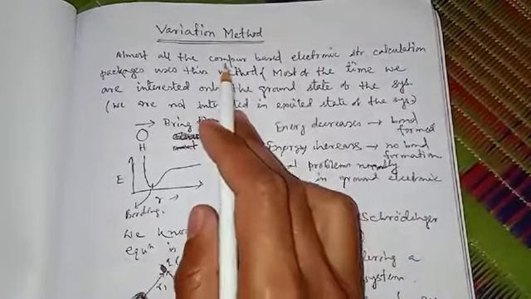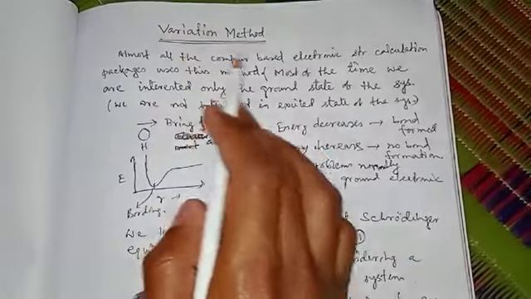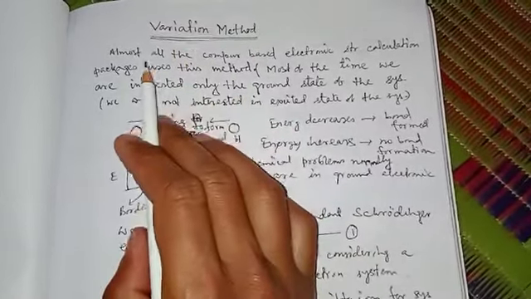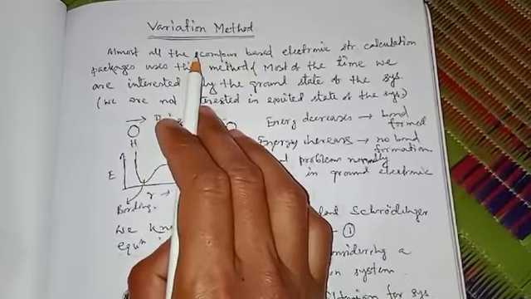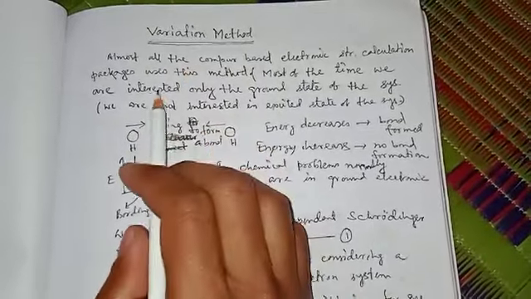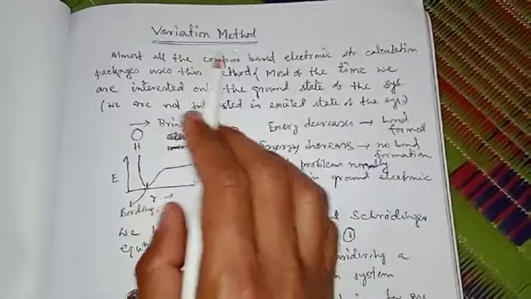This software considers the variation method as its base. So the variation method is important because most computer-based electronic structure calculation packages use it.